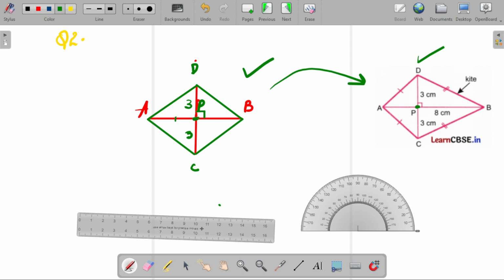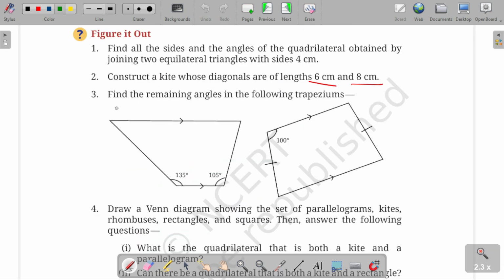So moving to the next question. Question number 3. Find the remaining angles in the following trapeziums. You have two trapeziums, you need to find out the other angles of the trapezium.